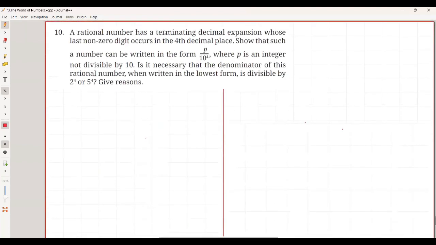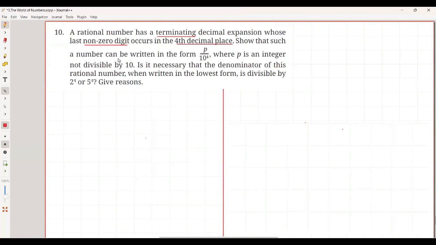A rational number has a terminating decimal expansion whose last non-zero digit occurs in the fourth decimal place. A rational number is terminating, they are telling, having an end, and it has 4 decimal places. Another condition is the fourth digit should not be 0.